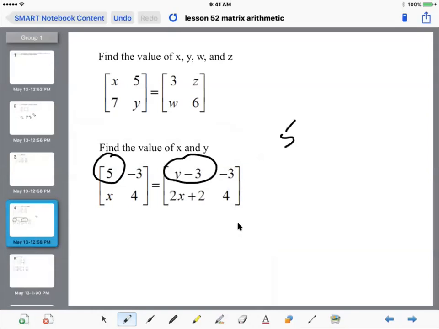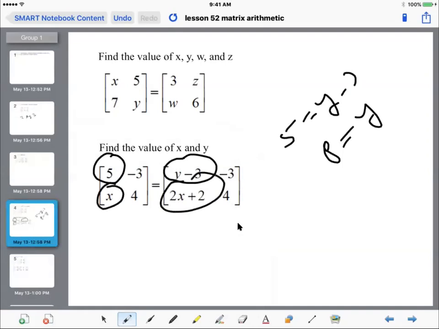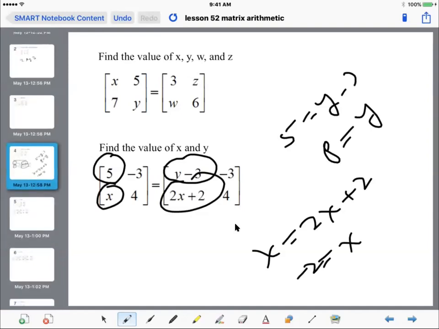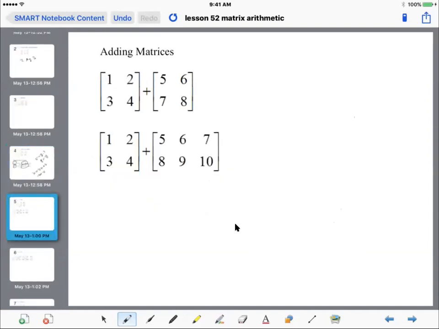So 5 equals Y minus 3 and Y equals 8. And the X is equal to 2X plus 2. So a little sort of algebra comes up there. X equals -2. So that's what's meant by equal matrices. Each element in them has to be equal to its corresponding partner.